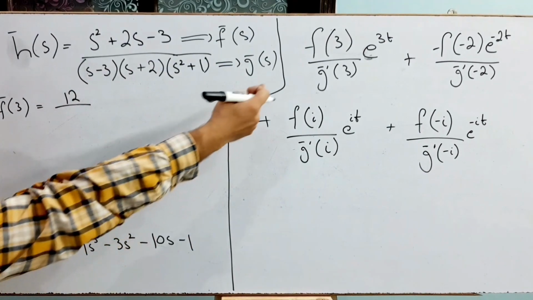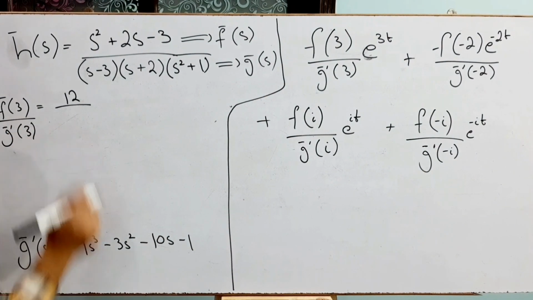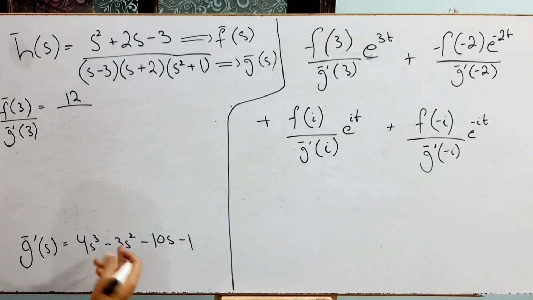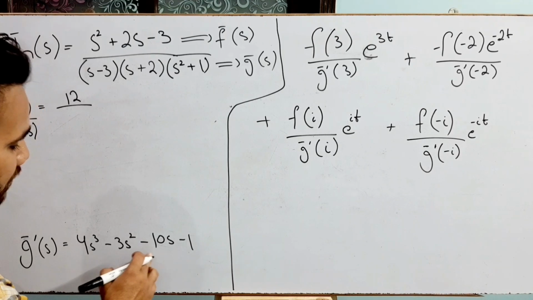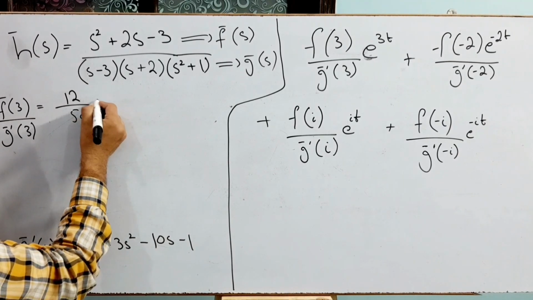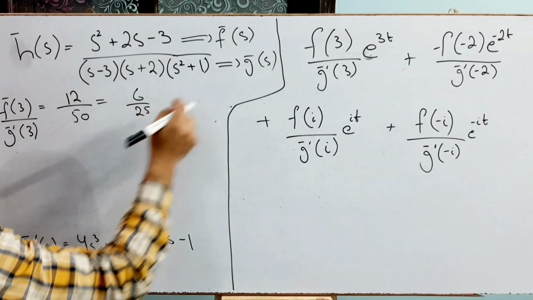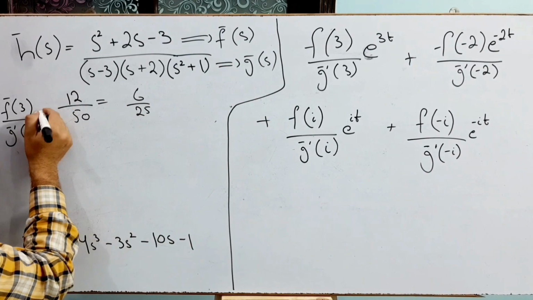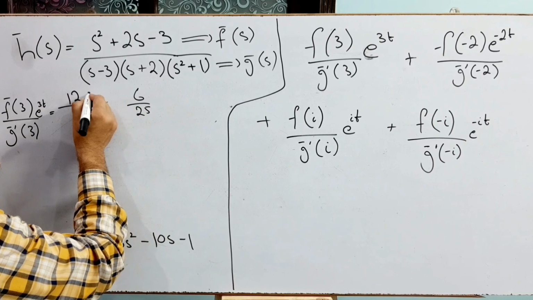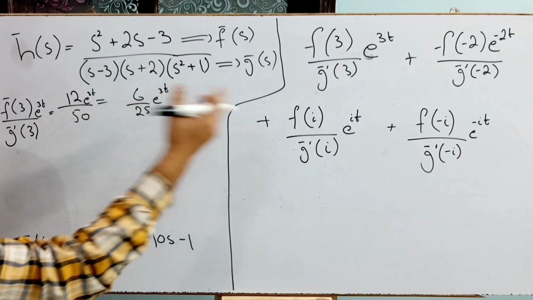For the derivative, g bar prime of 3 equals 3 cube, which is 27, minus 3 times 3 square, which is 27, again minus 10 times 3, minus 1, it will be 50. Then simplifying, we have 6 over 25. So the first term is 6 over 25 e power 3t.